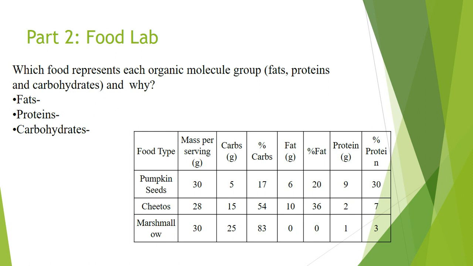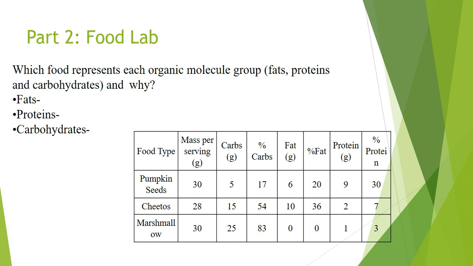Now again, you don't really know what organic molecules are, and that is a-okay. You don't need to. But in this case, starting with fats, we're going to go over here to our column of percent fat and see which of these three there is the most of. So Cheetos has the highest percentage of fat.